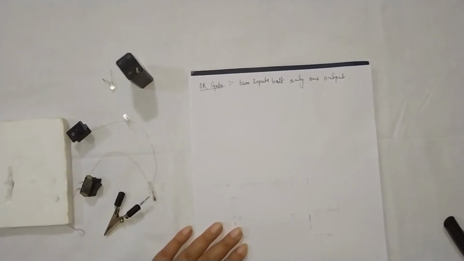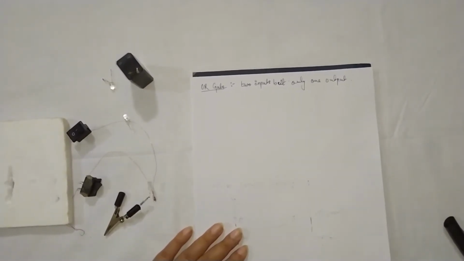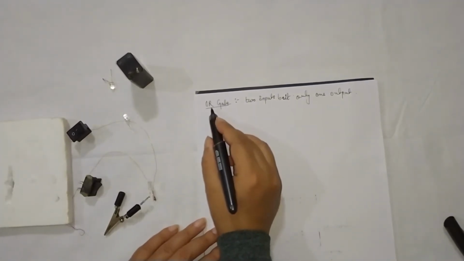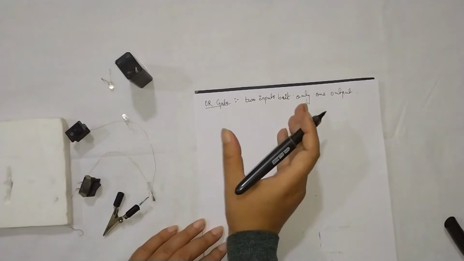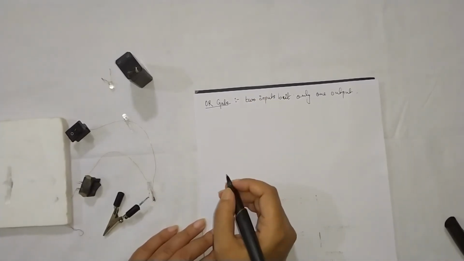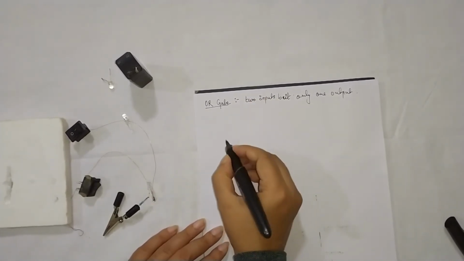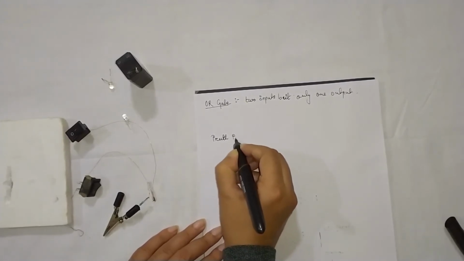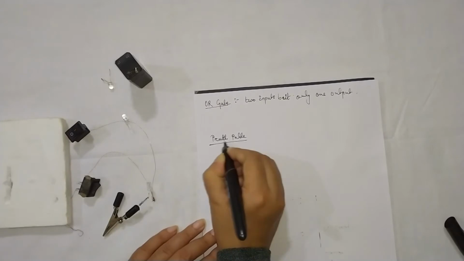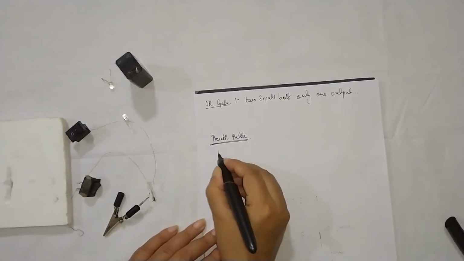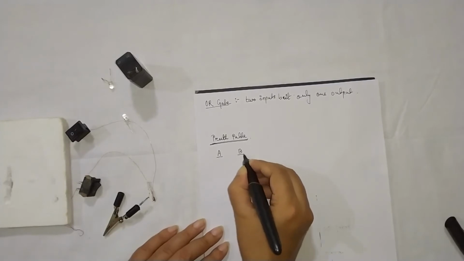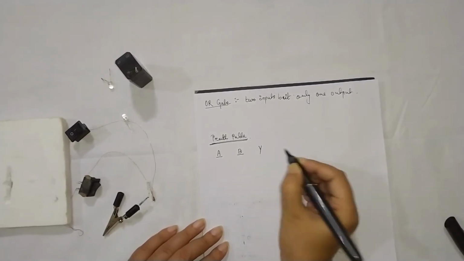Let us draw the truth table for it. Since it has two inputs, let us take one input as A, another input as B, and the output I am writing as Y.